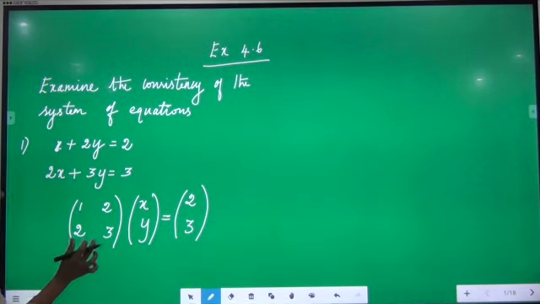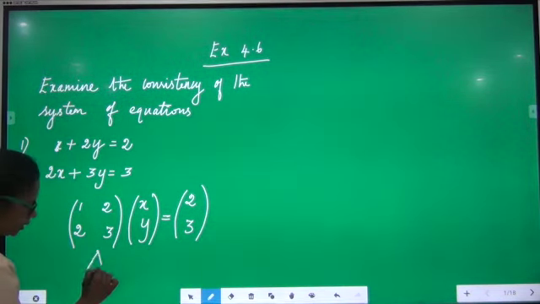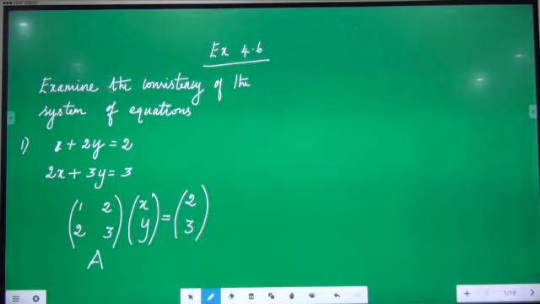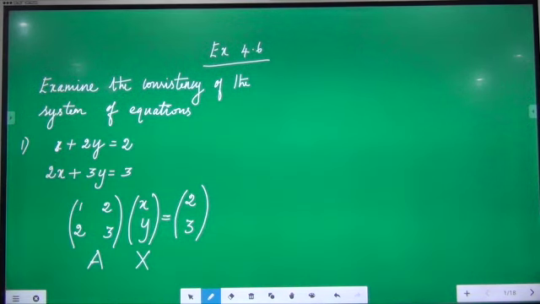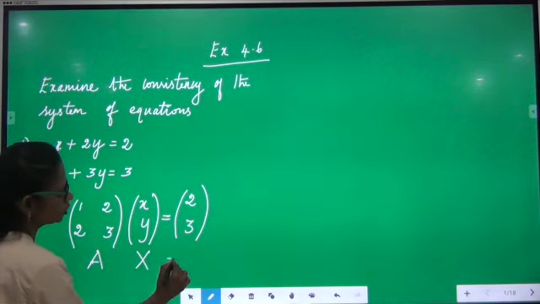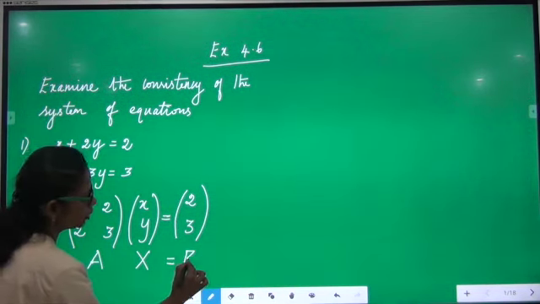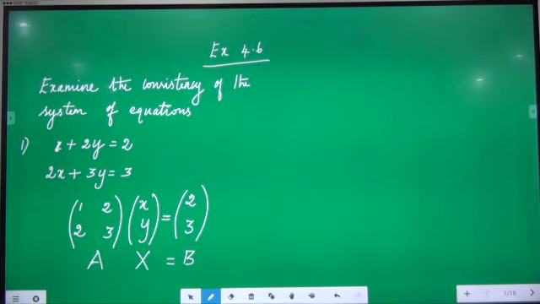In general, it can be represented as capital A. The coefficients of x and y you gathered and wrote in the matrix, that is capital A. x and y you write in the column, that should be represented as capital X. The constants you represent as capital B, right?